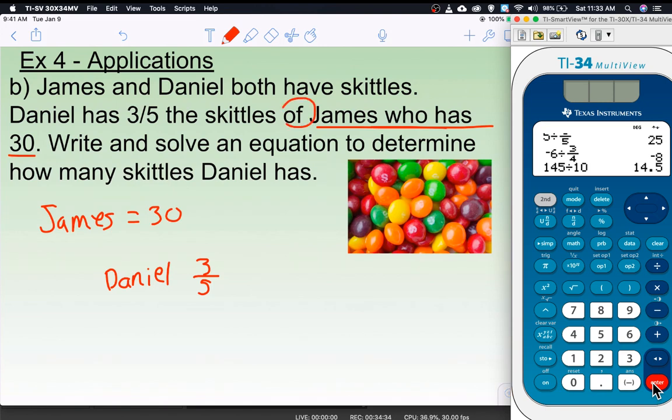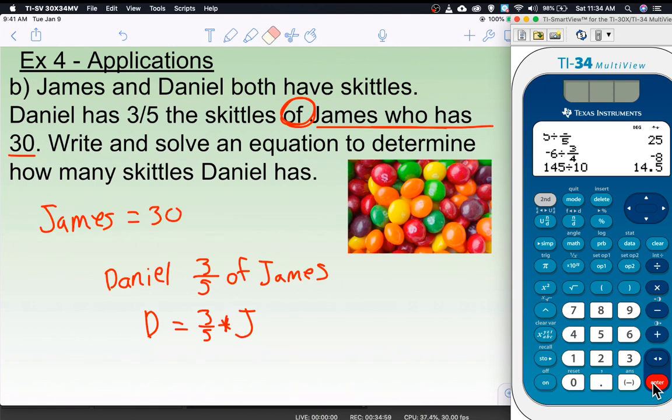The word of in math, a lot of times, like 80% of the times, means multiply. So Daniel is 3/5 of James. I have an equation.